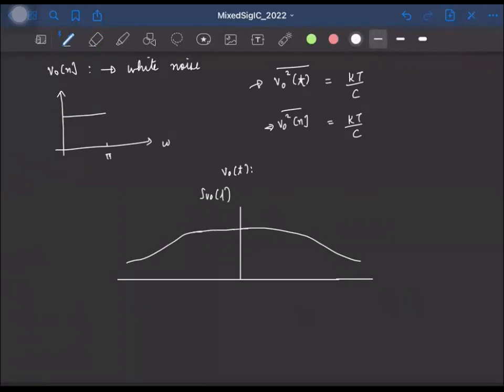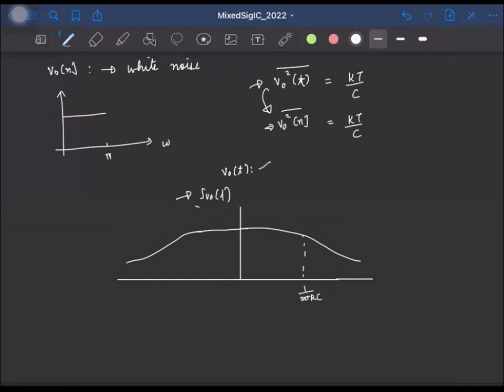Okay. The moment we sample V naught of t to get V naught of n, we know that when you sample a signal in the time domain, we expect some kind of periodic repetitions in the frequency domain, right? So this is my power spectral density for the continuous time signal. And let's say this is my RC bandwidth. Okay.